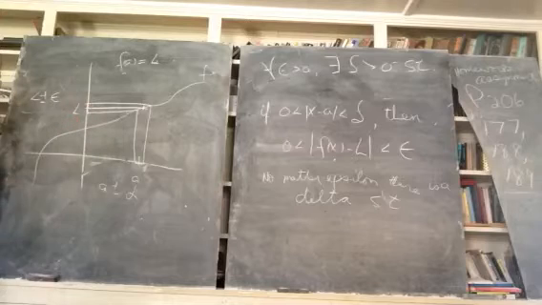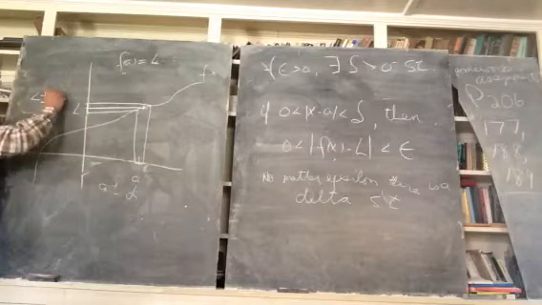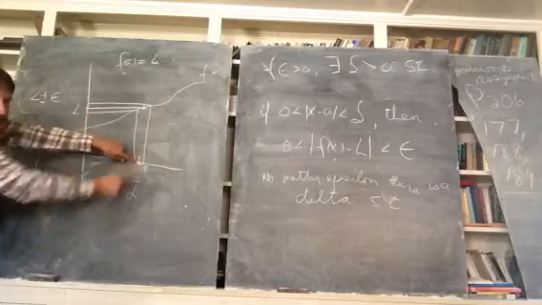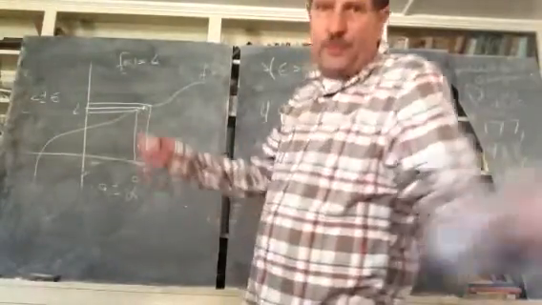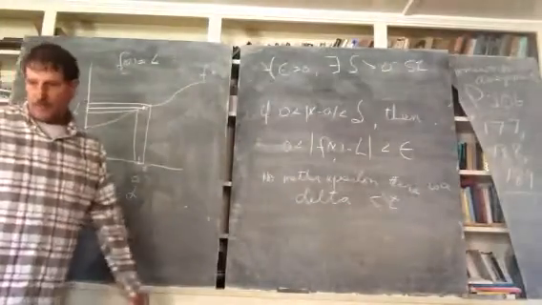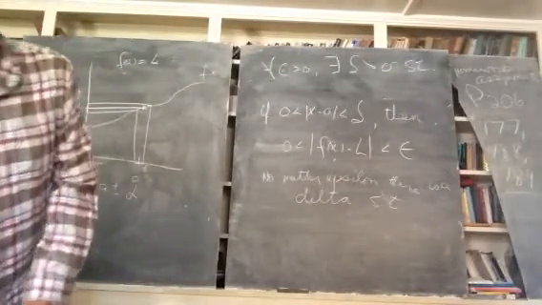The point is, no matter how tiny this is, there will always be a delta greater than 0. And all we have to do is find a delta in terms of epsilon.